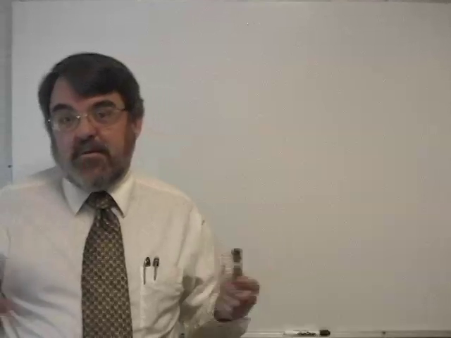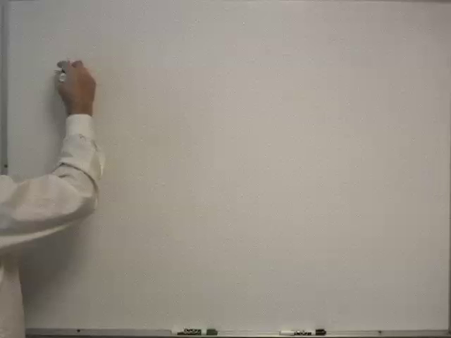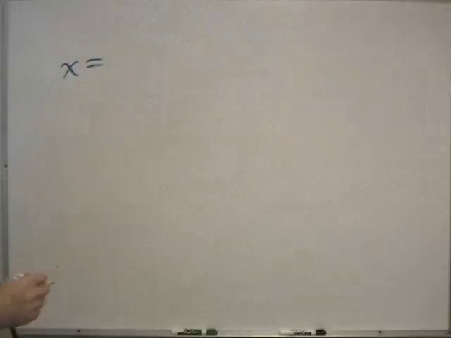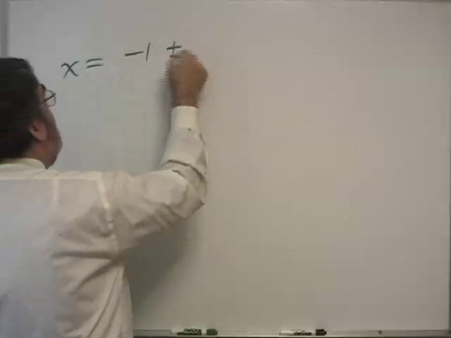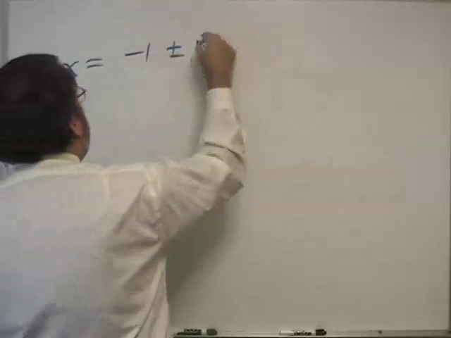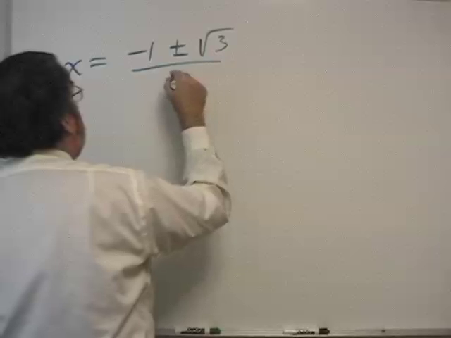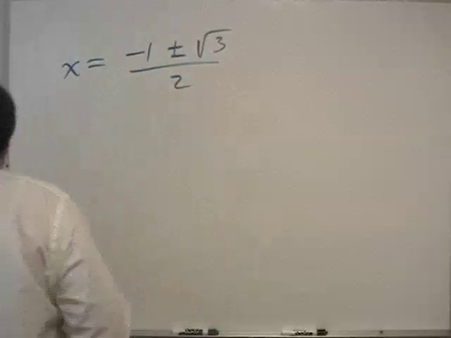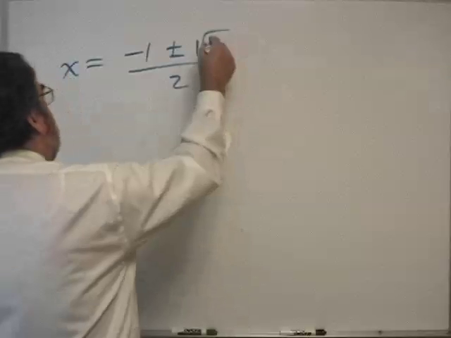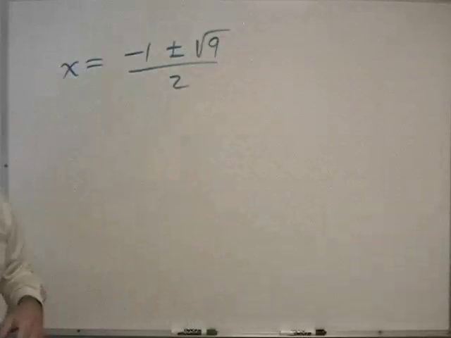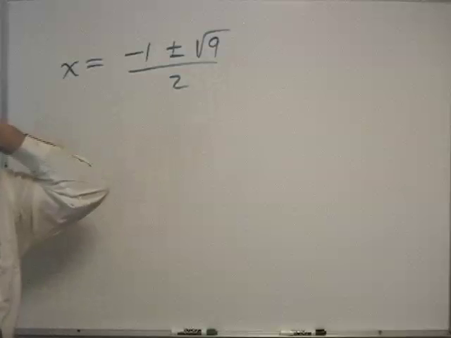So here's a typical example. Suppose you had this answer from the work you've done. x equals negative 1 plus or minus the square root of 3 over 2. Oh, I'm sorry, I meant to make this a square root of 9. All right. Negative 1 plus or minus the square root of 9, over 2.